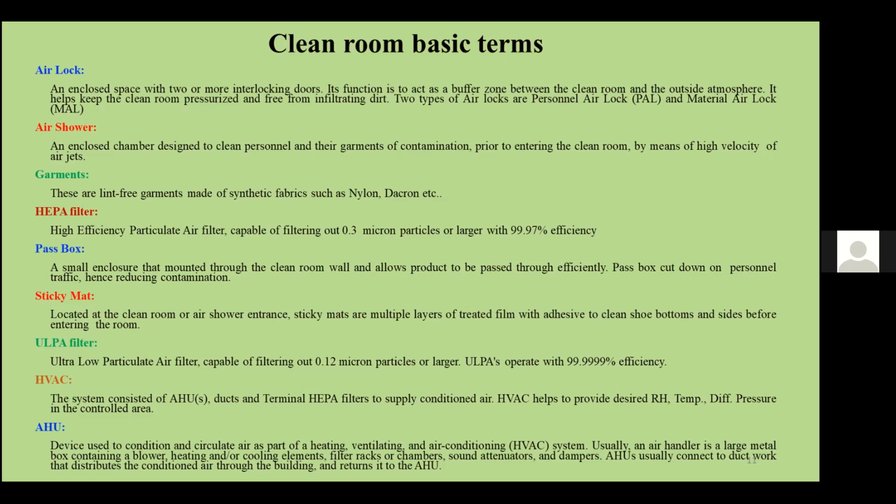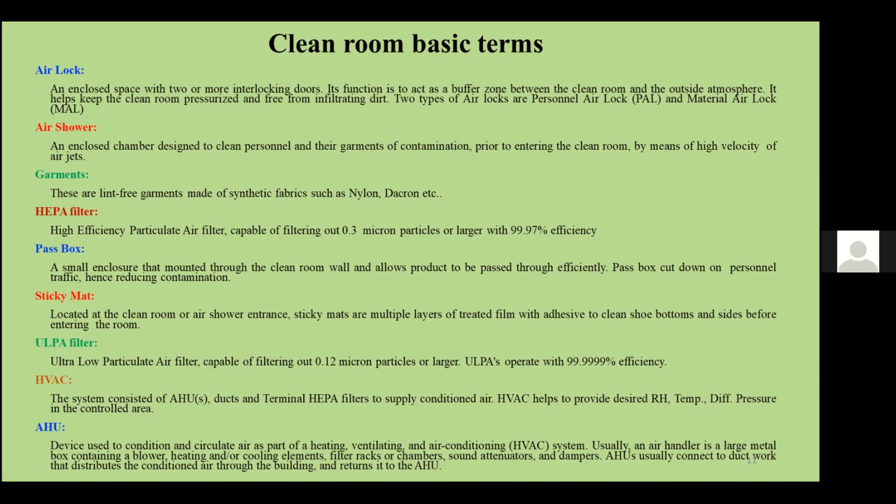the ULPA filter. This filter is actually a very costly filter and very accurate, because the filter efficiency is 99.999%. So this filter is used only in class 1 or class 100 clean rooms.